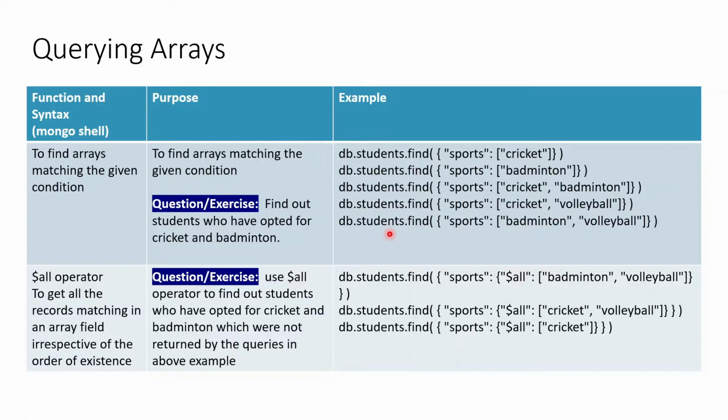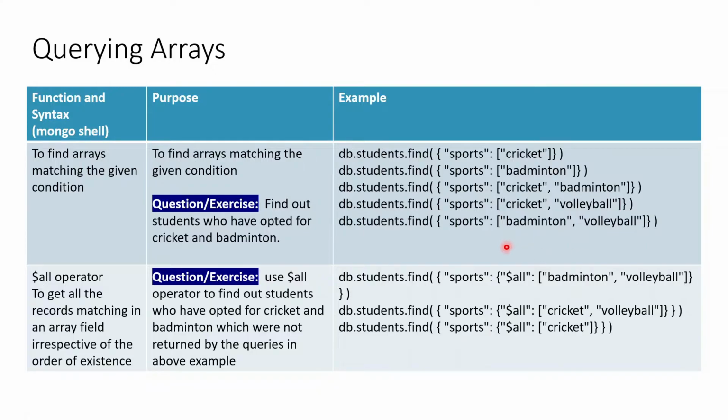Now a question for you: find out all the students who have opted for cricket and badminton. This first query will give us the records matching the same sequence. There might be scenarios where we want the results matching in any sequence. What does that mean?